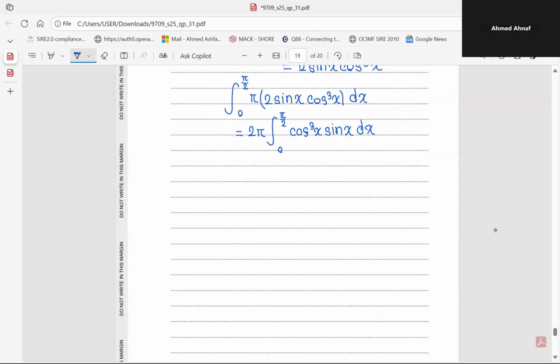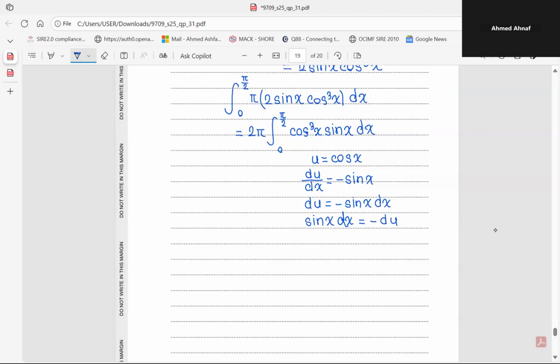Here we can use a u substitution. We're going to substitute u equals cosine x, and du/dx will just be minus sine x. Multiplying dx on both sides, we get du equals minus sine x dx, so sine x dx will be equal to minus du.